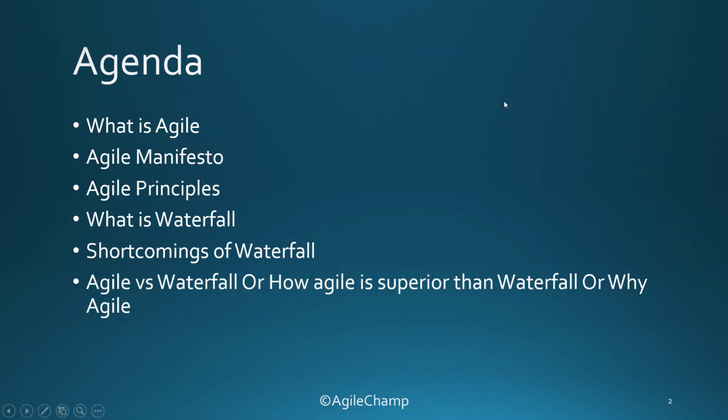Now let's discuss the shortcomings or disadvantages of waterfall. The major disadvantages of waterfall model are as follows. Like no working software is produced until late during the life cycle.